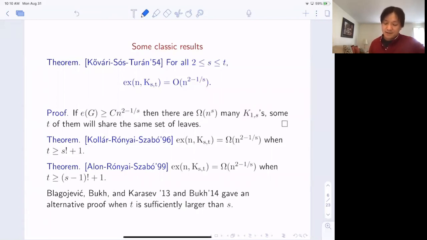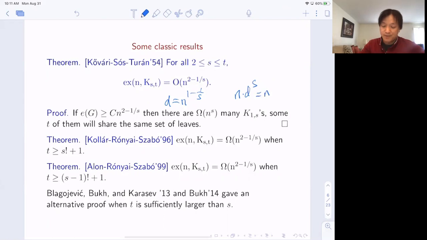because a similar flavor of argument would appear later. So the idea is, your average degree is roughly n to the 1 minus 1 over s. If you count the number of s-stars in your graph using convexity, you should have at least n times d to the s many.